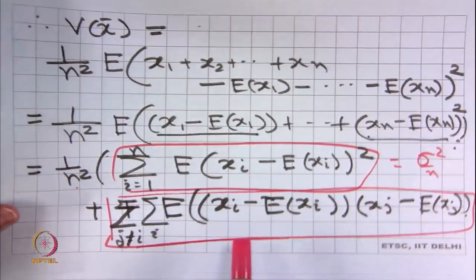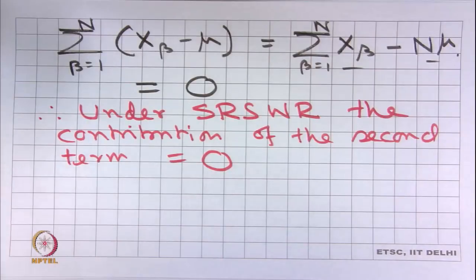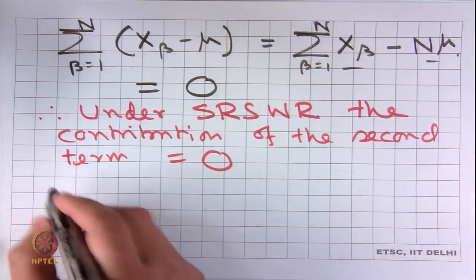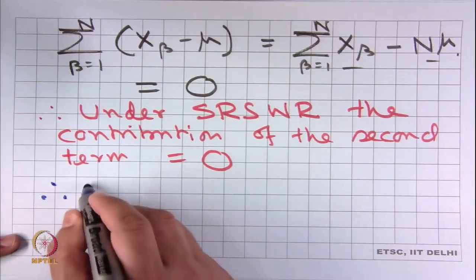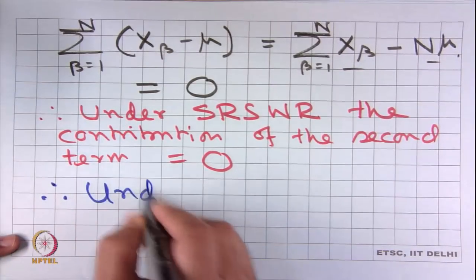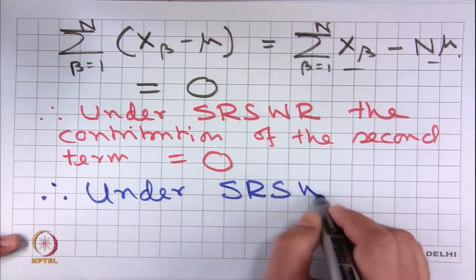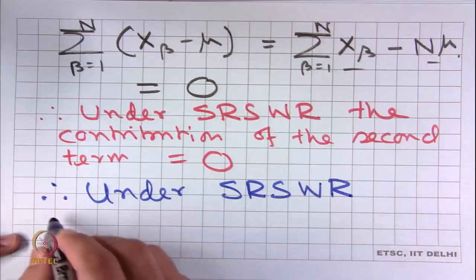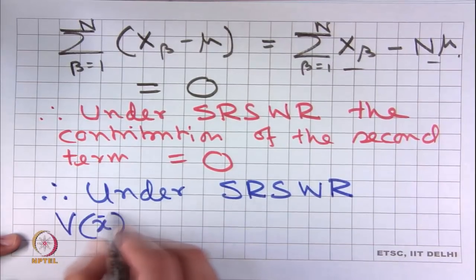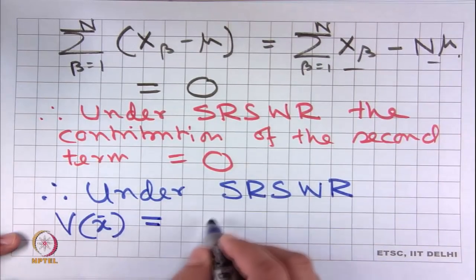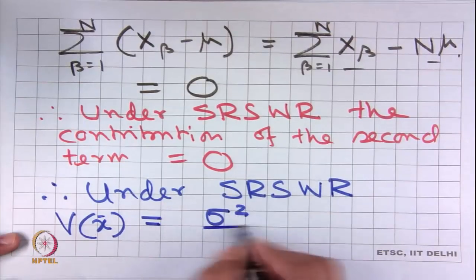Therefore, under SRSWR, variance of x bar is equal to sigma square by n.